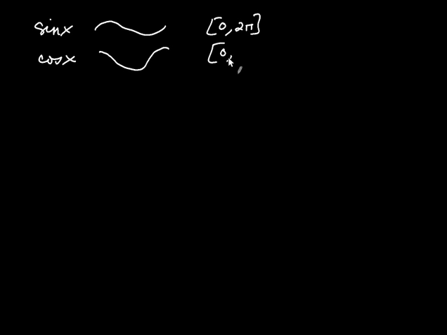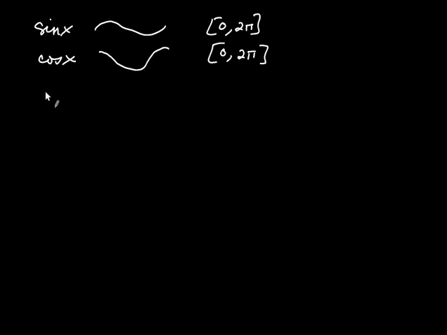First of all, when graphing sine, the basic shape of sine is like so, and the interval over which you're going to be graphing it is from 0 to 2 pi. The basic graph of cosine starts high, goes low, and comes back to high again, and we're graphing that again from 0 to 2 pi.